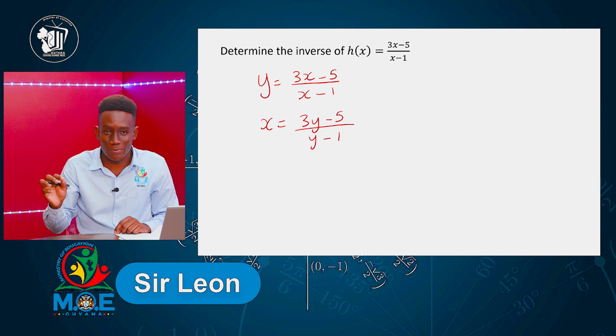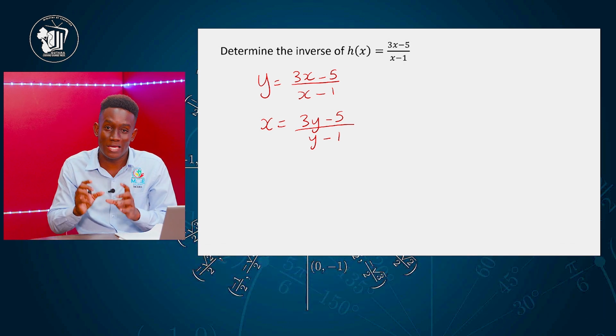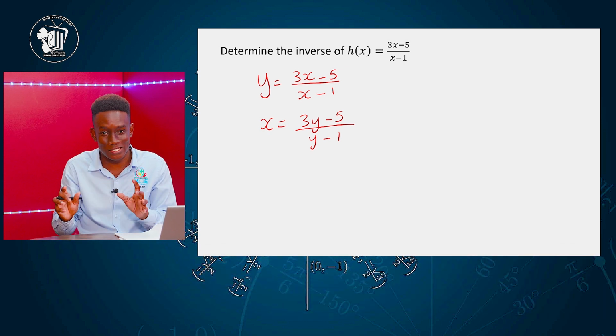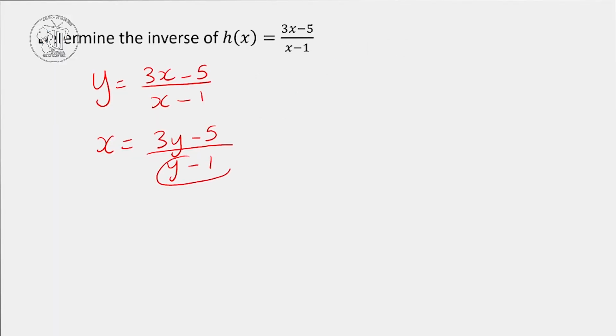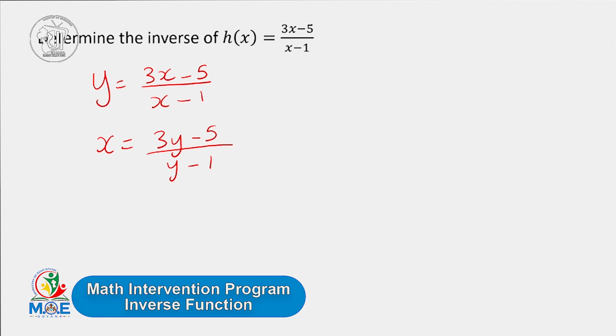So the next step now, the big step, we make y the subject of the formula. And this is where we have to be careful. We see y minus 1 is dividing, so when we take that over, it will multiply. So we'll have x multiplied by y minus 1 is equal to 3y minus 5.